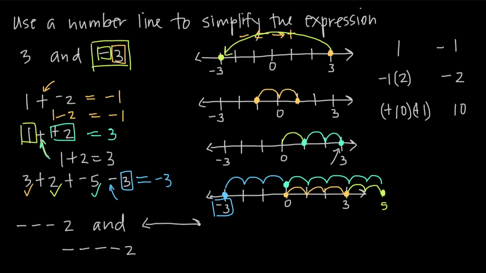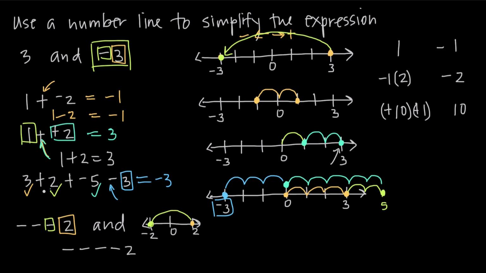So if we take this first example and we say that this is 0, this is positive 2, and this is negative 2, if we just start with the 2 by itself here, then we know we're starting here at positive 2. When we add to that our first negative sign, we're going to take the opposite. So in other words, negative 2 means the opposite of positive 2. So we come over here to negative 2.